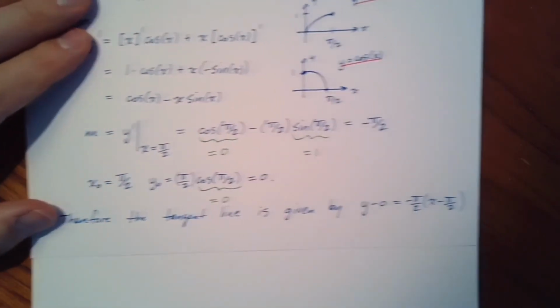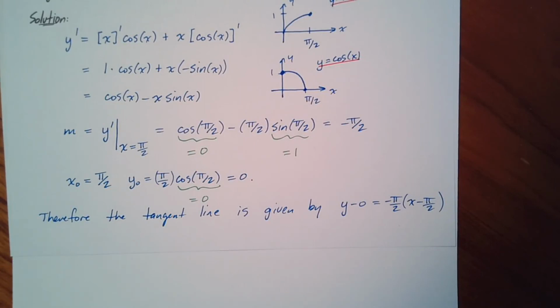And many people might wonder when they see this, do you really need to go y minus 0? Is it really necessary to write this? No, it's not. You can omit the 0 and just write y is equal to negative pi over 2 times x minus pi over 2.